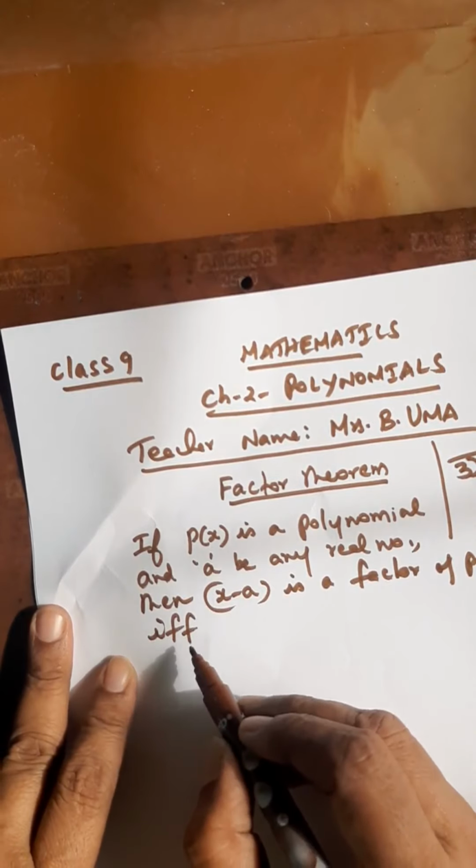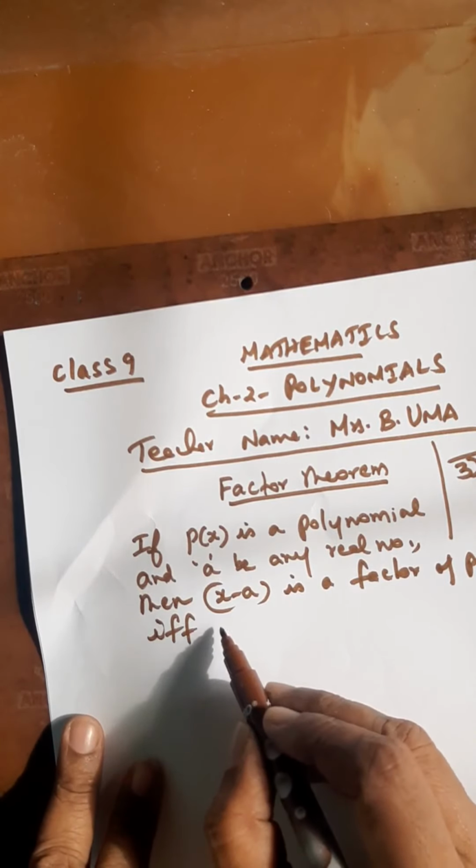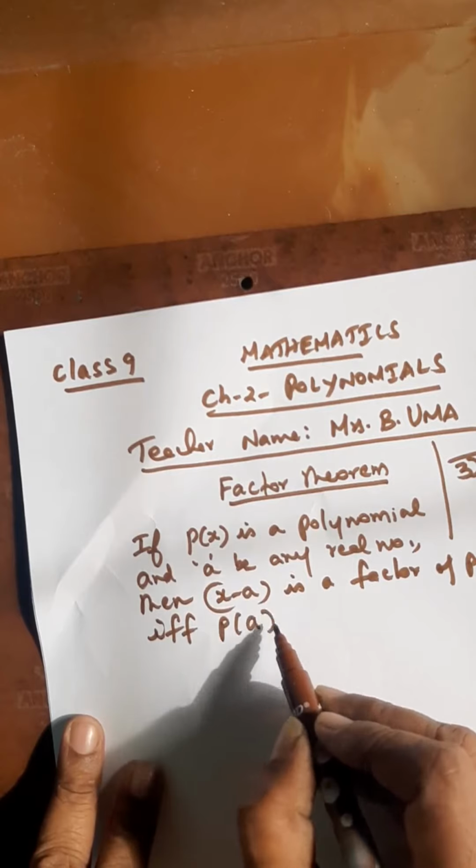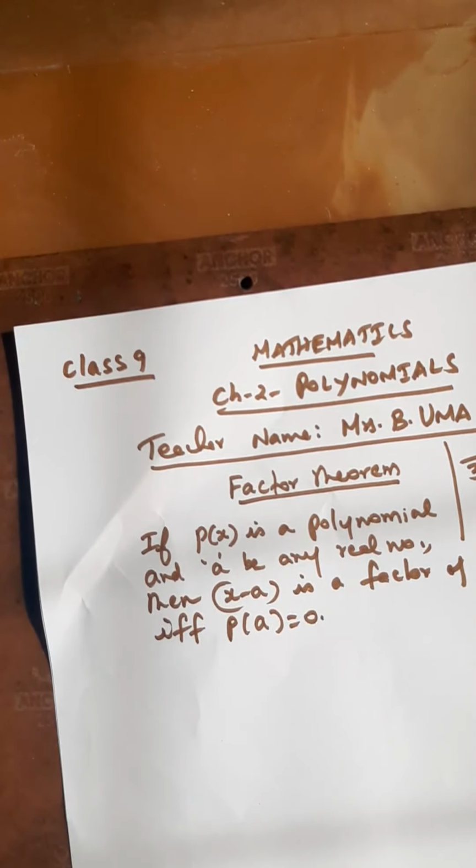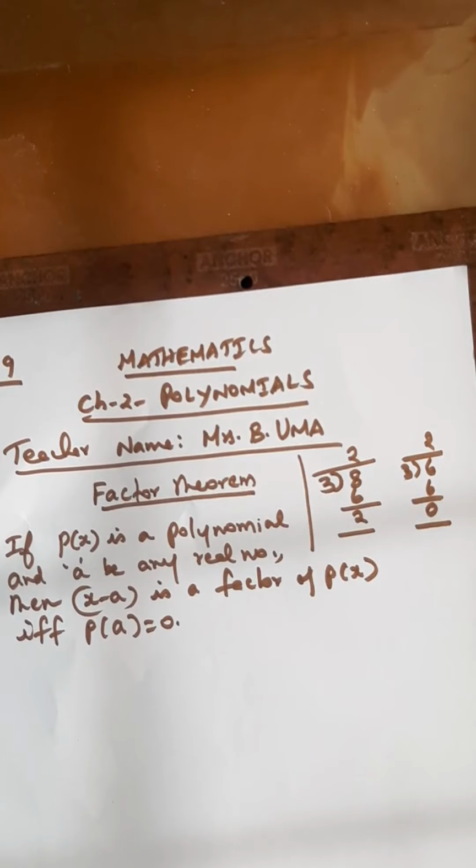I'll tell you what you mean by if and only if. This is what factor theorem says. P of x a polynomial, a be any real number, then x minus a is a factor of P of x if and only if P of a equal to 0.